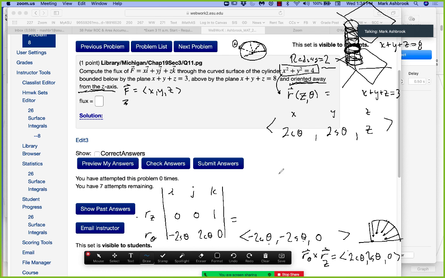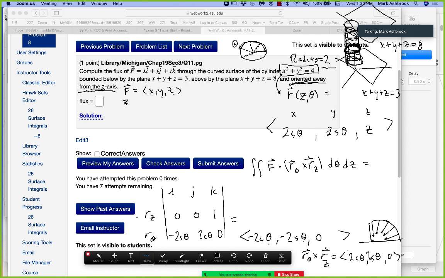So now we're ready to write our flux integral, F dot R_theta cross R_z d theta dz. So we want to write F in terms of our vector function here. So what is F? F is x, y, z.